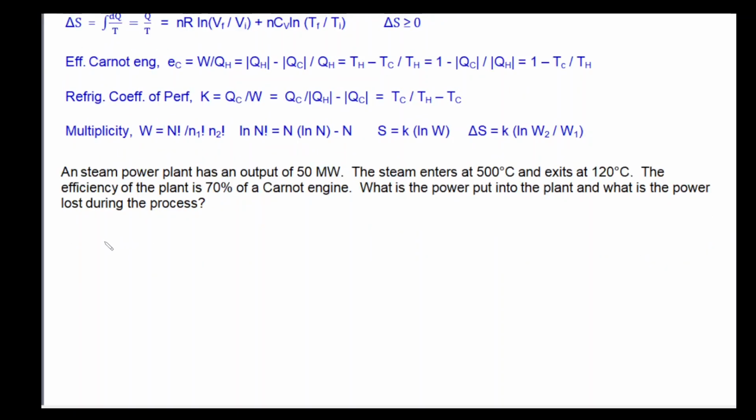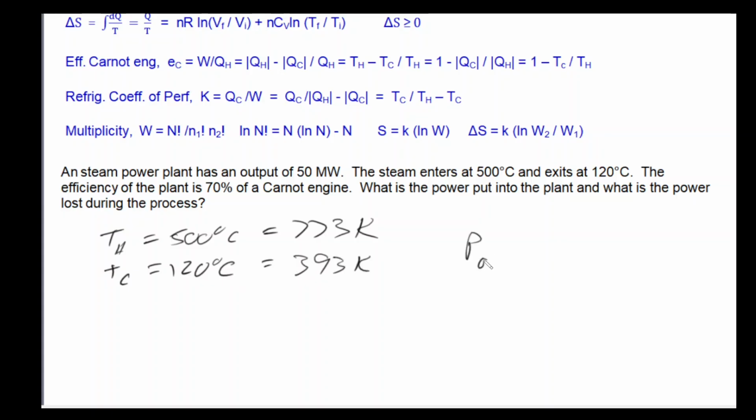We're given that the high temperature is 500 degrees Celsius, which is equal to 773 kelvins. Our cold temperature is 120 degrees Celsius, which is equal to 393. We're told the power out is equal to 50 megawatts.